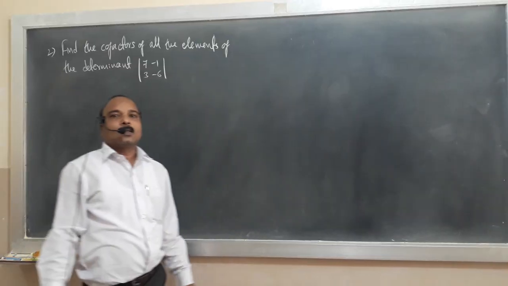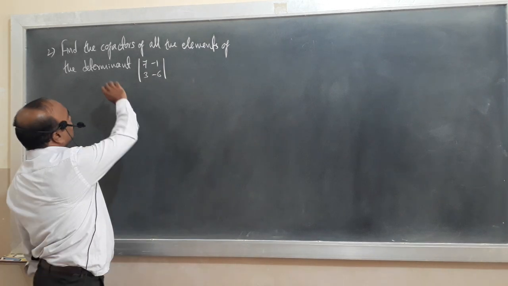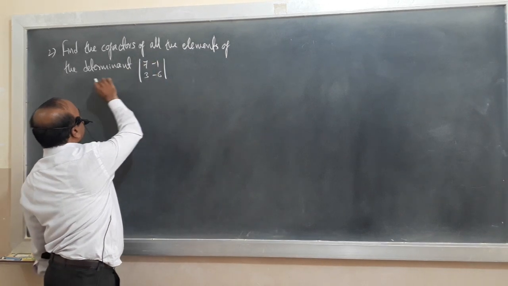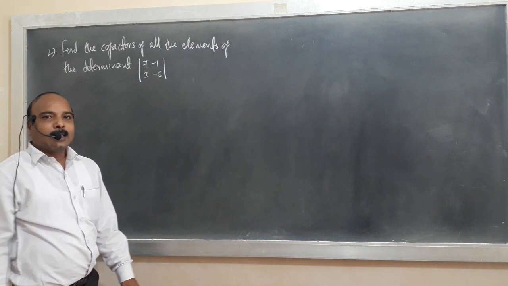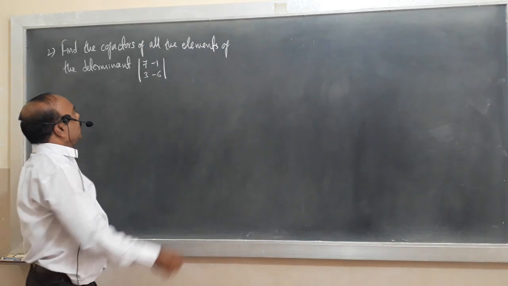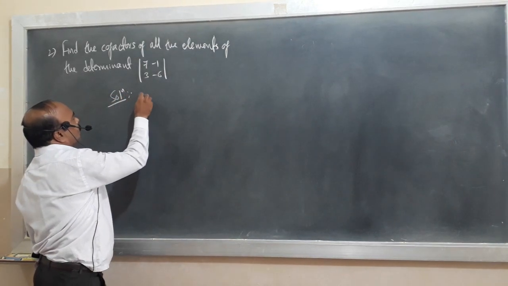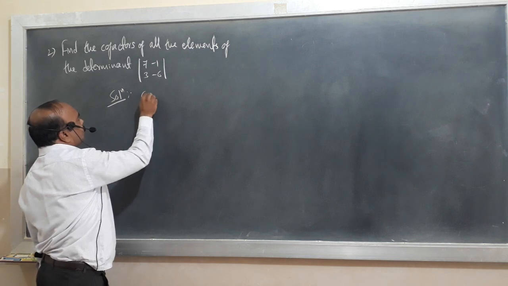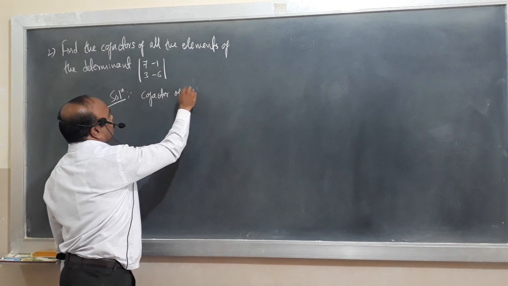Now we go for another example. Find the cofactors of all the elements of the determinant 7, minus 1, 3, minus 6. These are 4 elements. Now we go for the cofactor of each element. First, the cofactor of element 7.